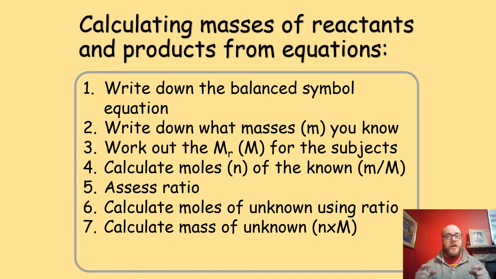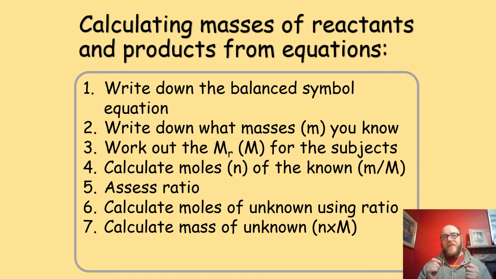So you write your balanced equation, and you know that oxygen must have some hydrogen added to it to make water. So you work out how much hydrogen and how much oxygen you need, you balance that equation, and then you write down whatever masses you know. So you write down the mass of the water that you know.